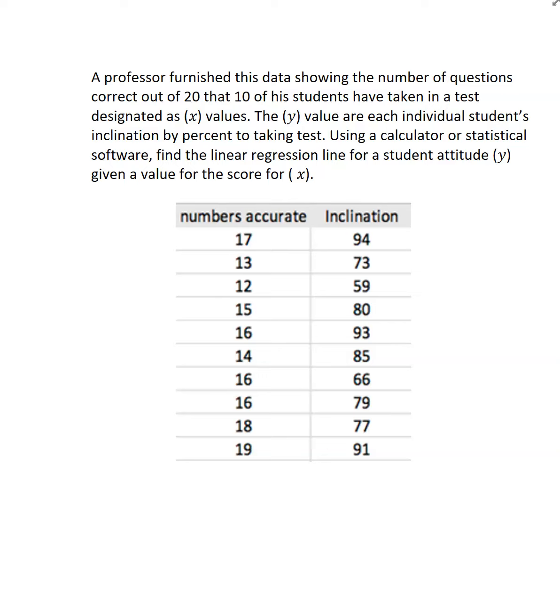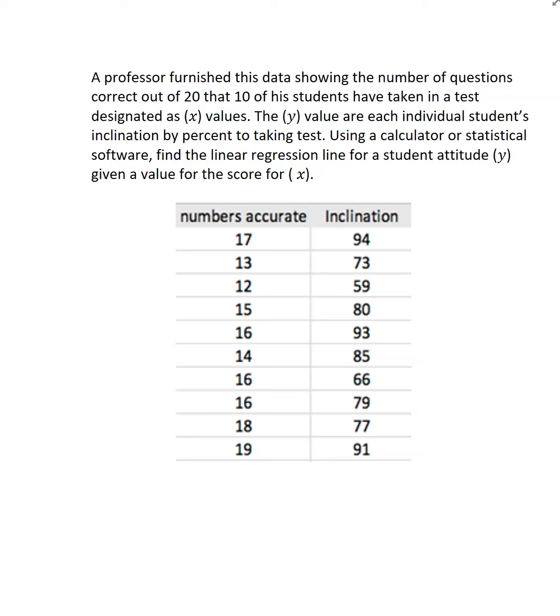Using a calculator or statistical software, find the linear regression line for a student attitude given a value for the score for X. Okay. So let's come back and first identify which one is X and which is Y. The numbers that were accurate and the inclination are the two columns. You have to decide which is X and which is Y. In fact, they helped us with that too, right? They said the number of questions correct out of 20.